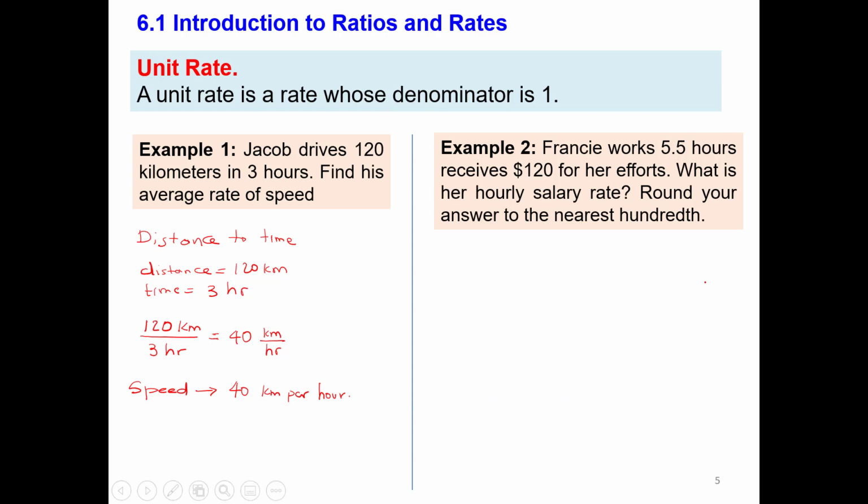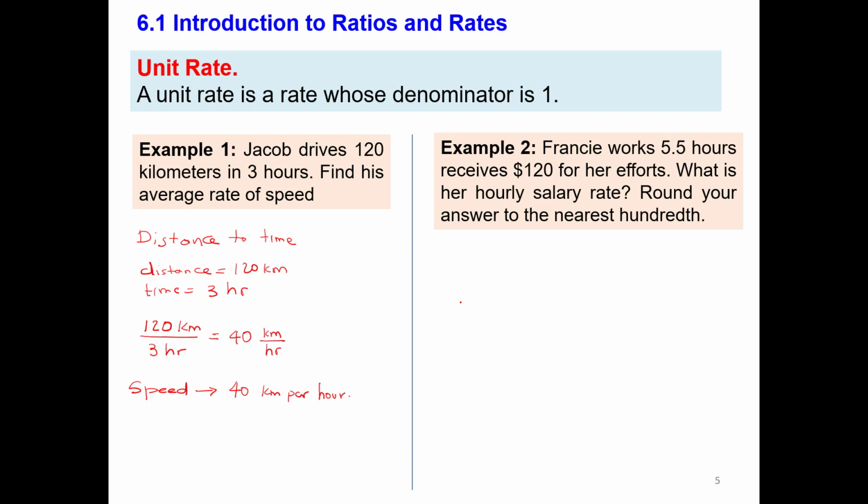Then Francie worked 5.5 hours and received $120 for her effort. What is her hourly salary rate? Round your answer to the nearest hundredth. In this case, we want to know how much money she received per hour.